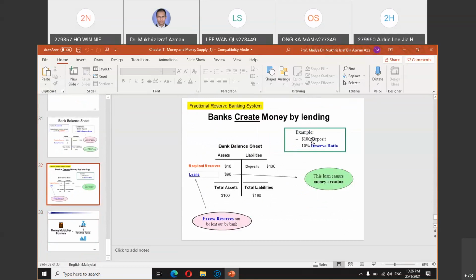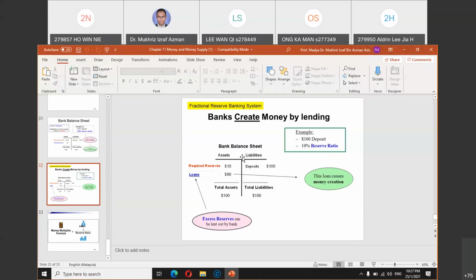And then how much is given out as loan if you're given a certain reserve ratio, and how much will be the required reserve. I think the simple note that you have here will help you understand this concept, or you can refer to the annual slide as well, where you can have more examples.